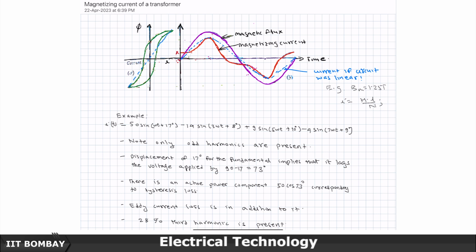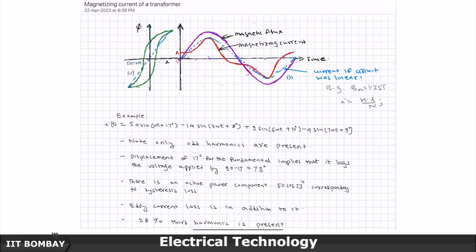L is, in a single phase transformer, the average path of the magnetic flux in the core, and I get current. So, this is the phi-I diagram, and this is the hysteresis loop associated with it.